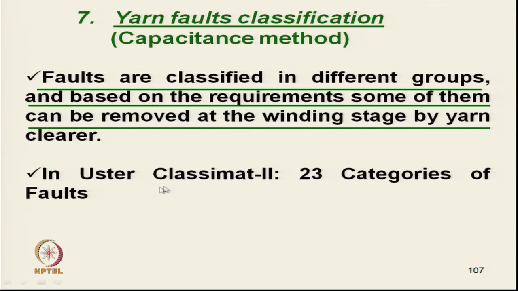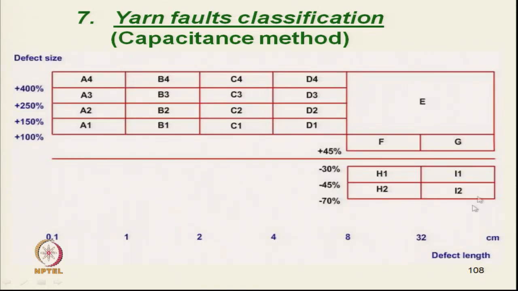The Uster Classimat 2, which is the older version, has 23 categories of fault. The categories from A1 to D4 are called thick faults, or slabs.